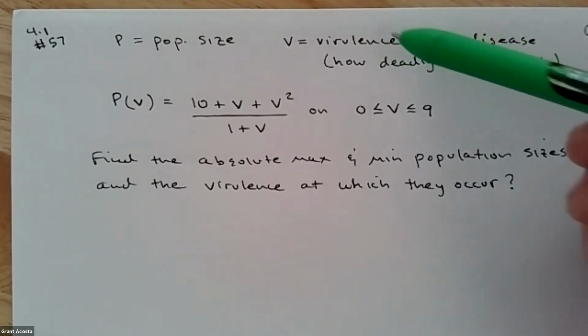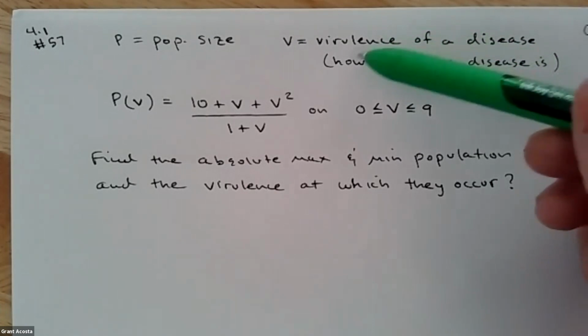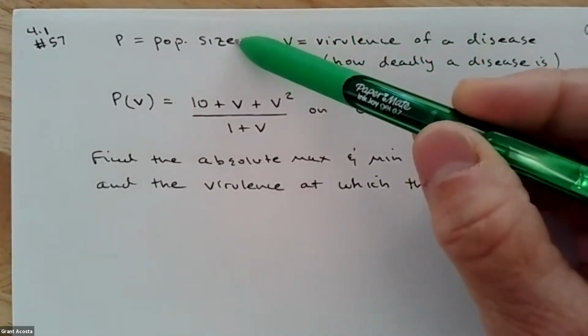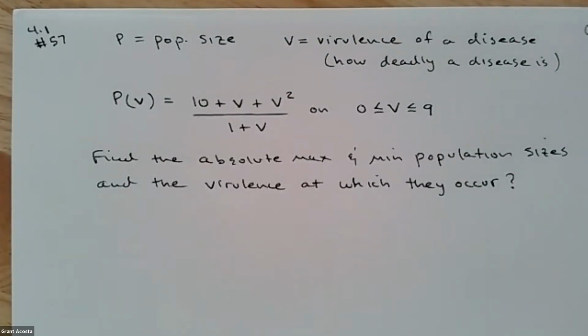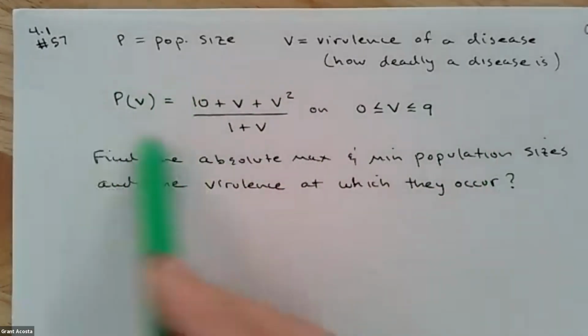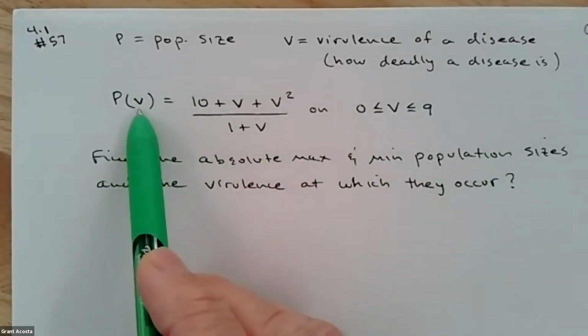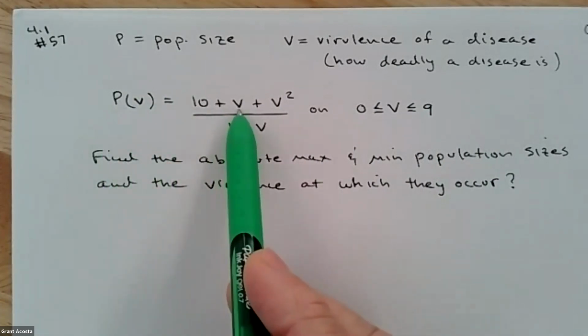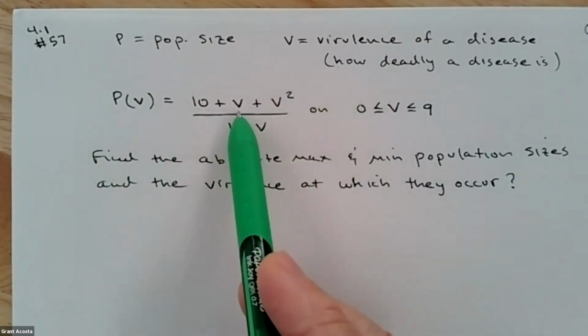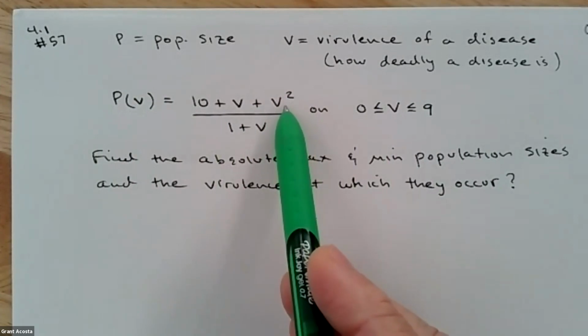If you have a virus that is very virulent throughout a population, where we'll denote P as the population size, obviously that's going to affect the size of the population, right? And so there's a model. This is all given in the problem. Someone came up with a model that gives the population size as a function of the virulence, how deadly a disease is.